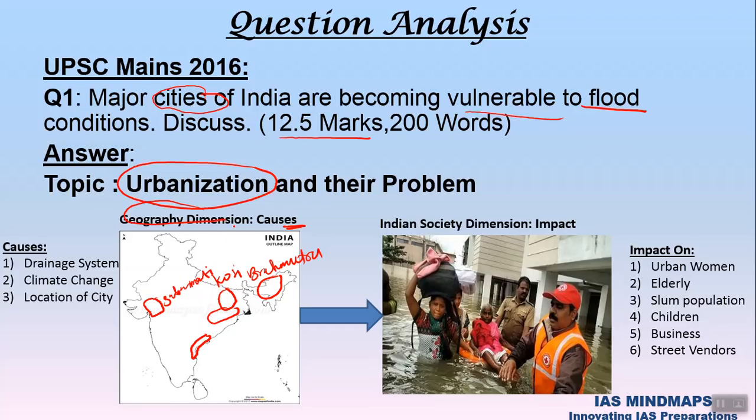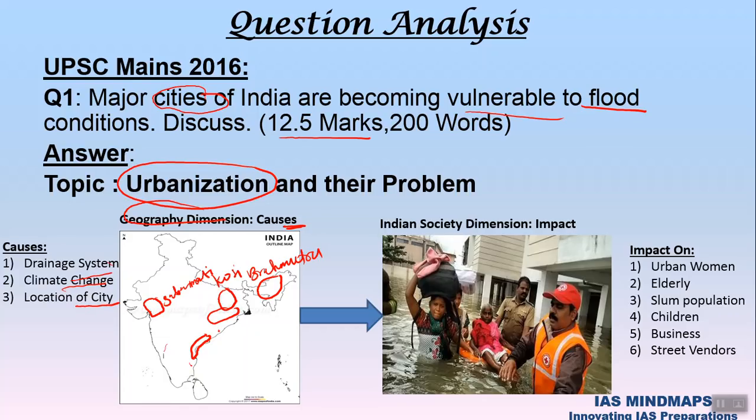If you look at the causes, like in the Chennai floods, the reasons were mostly the poor condition of the drainage system, climate change, and the location of the city also matters. If your city is located on a coastal region or on the western coast, then it will be more impacted by the flood.